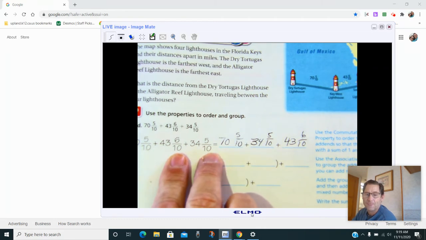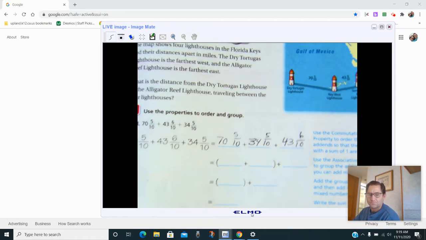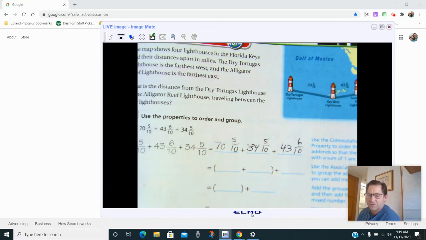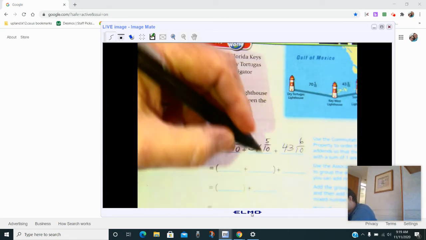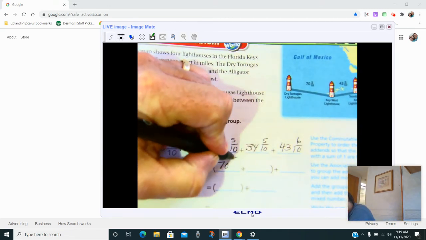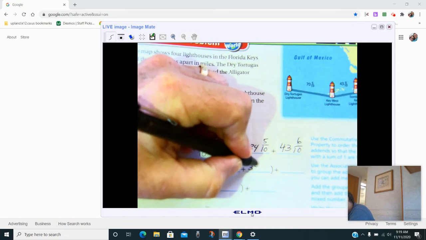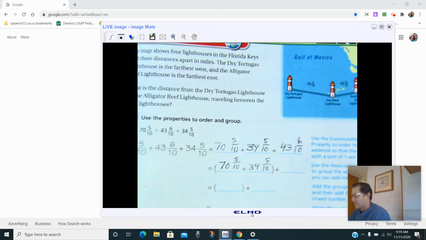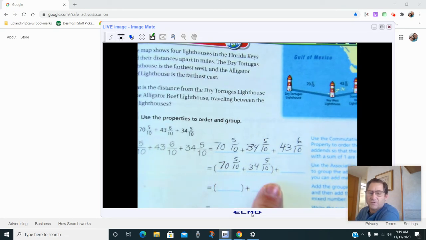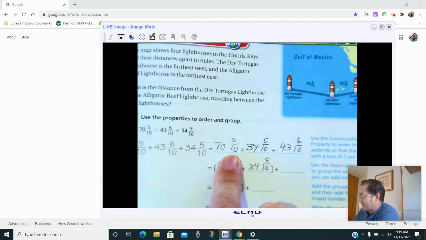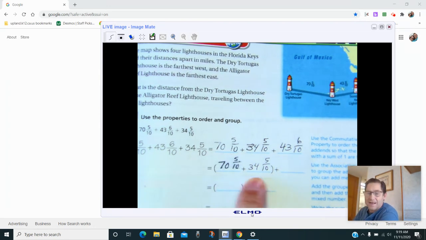Okay. All right. So now, based on the order of operations, we just add left to right. Okay, with addition. So let's add 70 and 5/10, 34 and 5/10. So if we group them with the grouping symbols, we're actually applying the associative property. So we're saying, I want you to add these two things first.